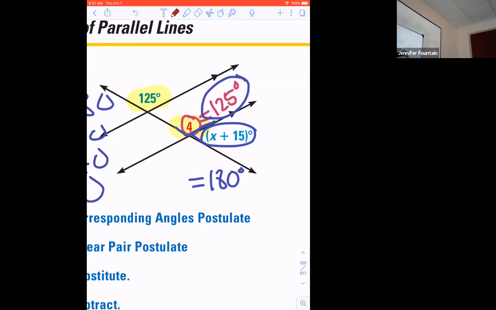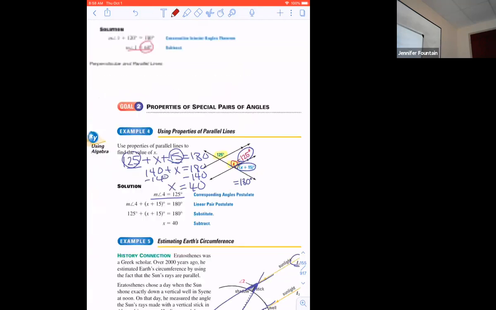I can figure that out because I know that this is going to equal 180. So I have to set this plus this equals 180. So I have to understand when I'm saying this equals this or this plus this equals this, okay? So understanding what type of equation you're having to set up based on those angle relationships.